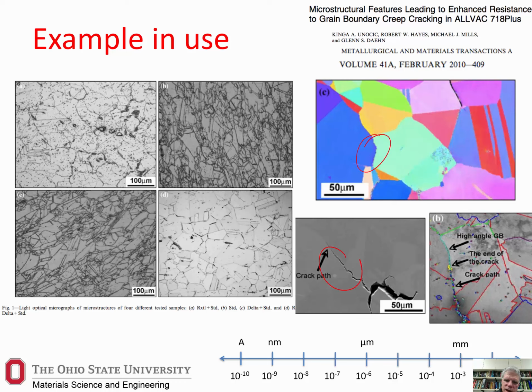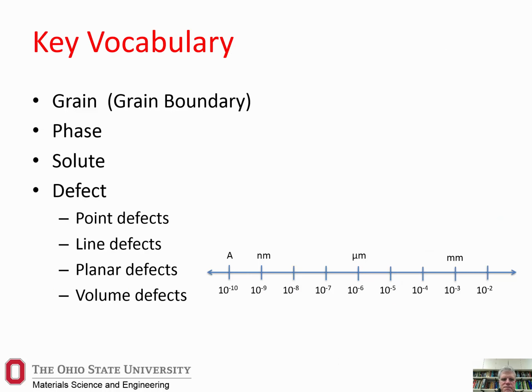We can see how the cracks form, and then we can also look at how variations in the structure affect that process. This is how we make materials better, by understanding how to modify the structure and make them better. And again, in this, you can see the length scales we're at. We're usually up here in the 50 or 100 micron level, approaching millimeters.